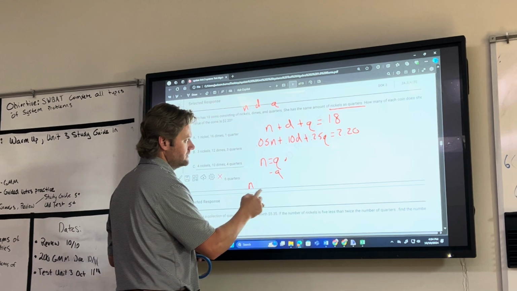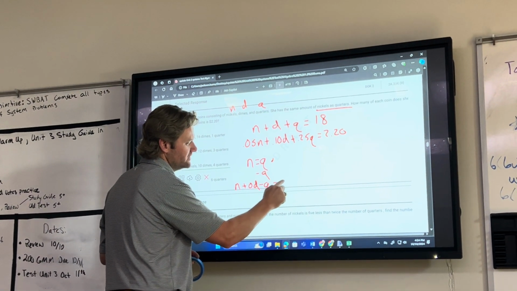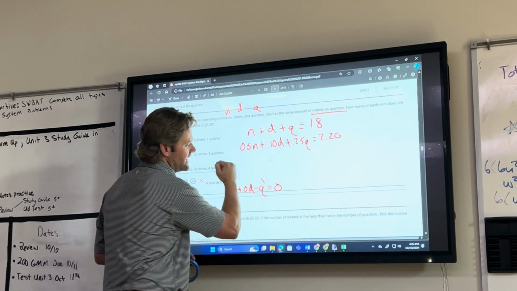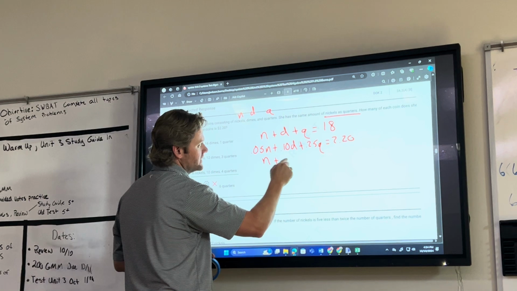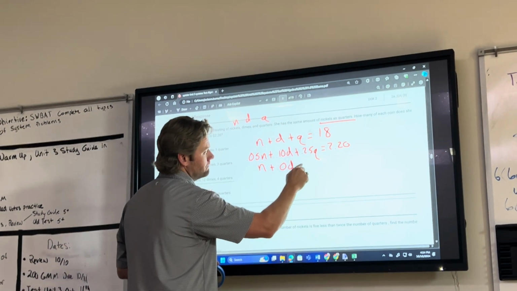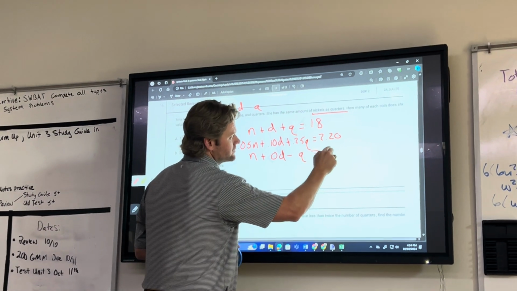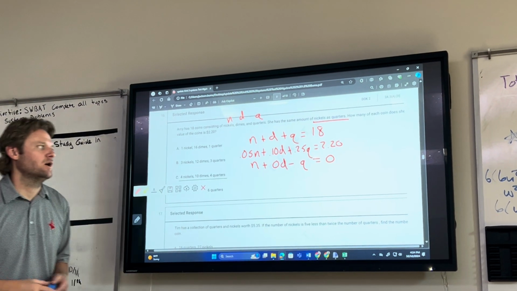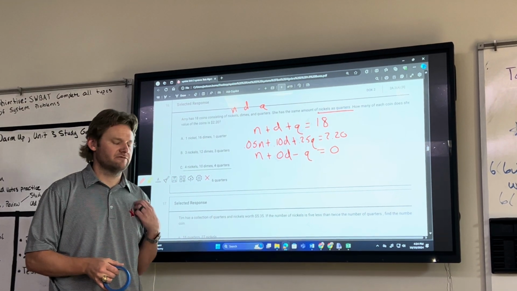So I have N plus 0D minus Q equals 0. That's going to be my third equation. N plus 0D minus 1Q equals 0. Now I have it as a 3x3 that I can put in my calculator and solve.